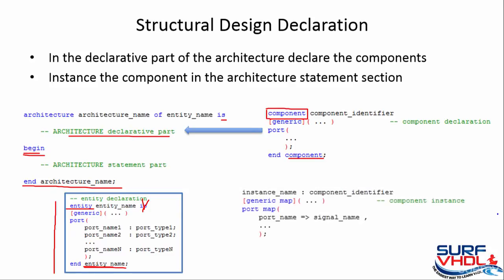For the component instantiation, copy the component declaration in the architecture concurrent area. Replace the keyword component with the instance name and add the keyword map after the generic and port clause.